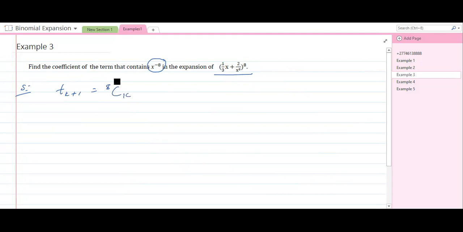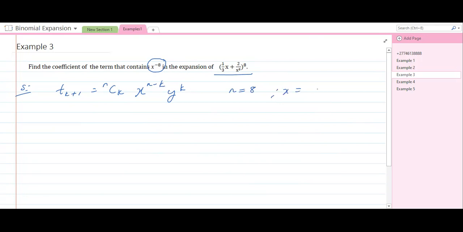Oh, sorry, let me just write down the formula. So you can write down the terms formula, n choose k, x to the power n minus k, y to the power k, where n is equal to 8.